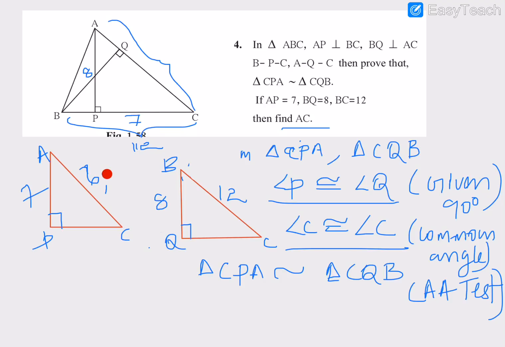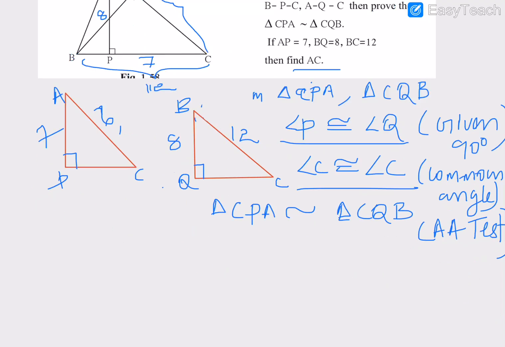If two triangles are similar, the ratio between their corresponding sides must also be equal. Since AC is to be found and these two sides are given, we write the ratio: AP is the side of the first triangle, so the corresponding side is BQ of the second triangle.